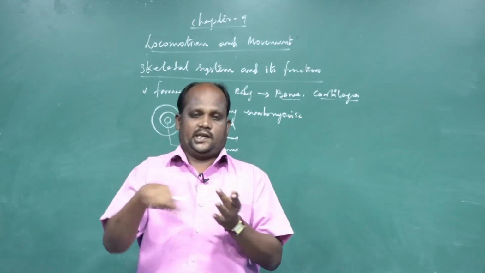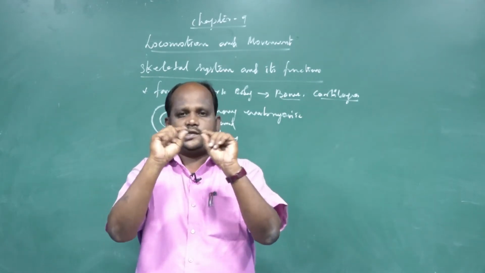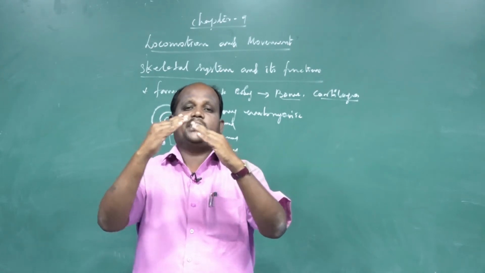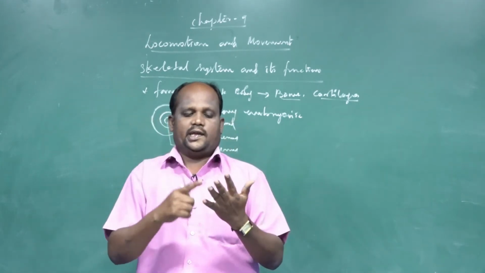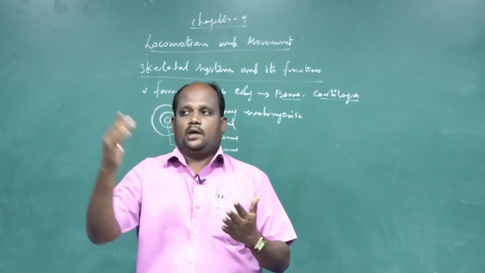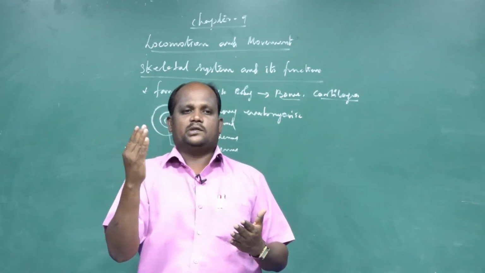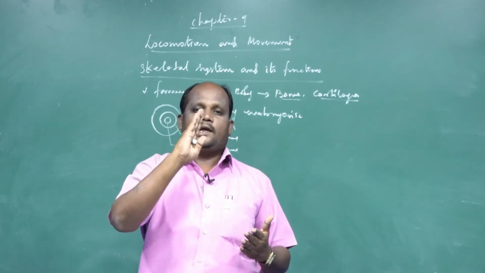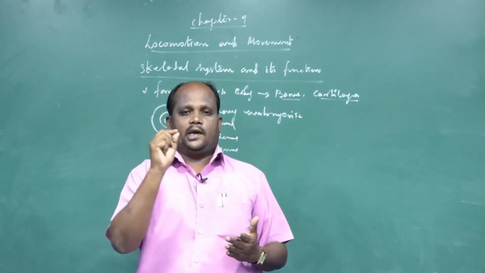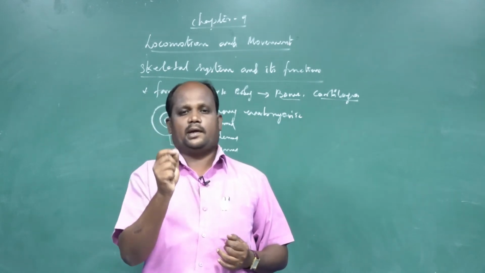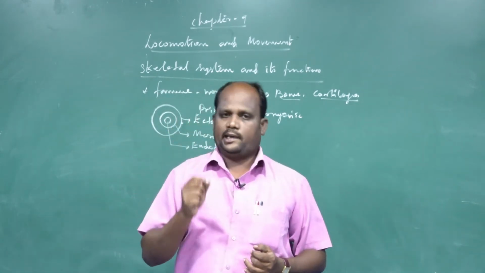From the gastrula stage, many cells form three layers. From outside to inside: ectoderm, mesoderm, endoderm. From inside to outside: endoderm, mesoderm, ectoderm. These three layers are called the primary embryonic layers.